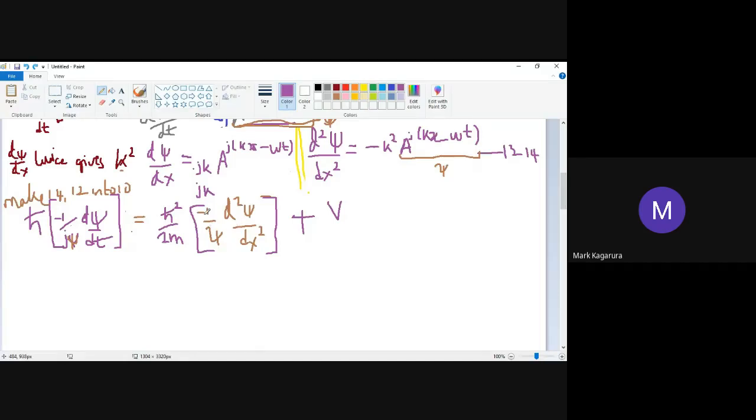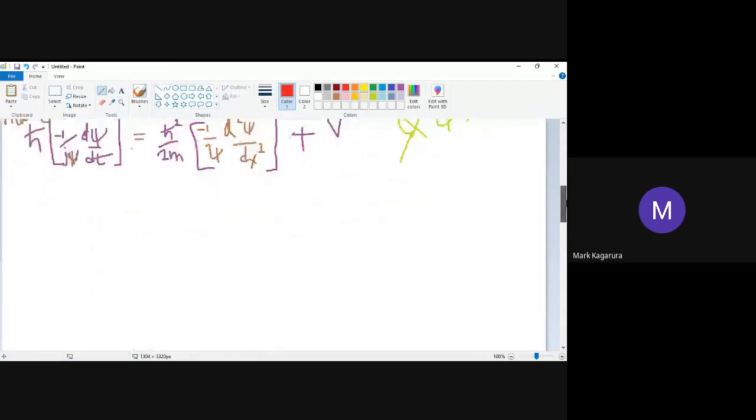So we multiply through by psi, which is this. So you have negative h squared. Of course, if we multiply through by psi on both sides, it doesn't change the equation. I'm trying to avoid using red, but let me just use it. Sorry about that.